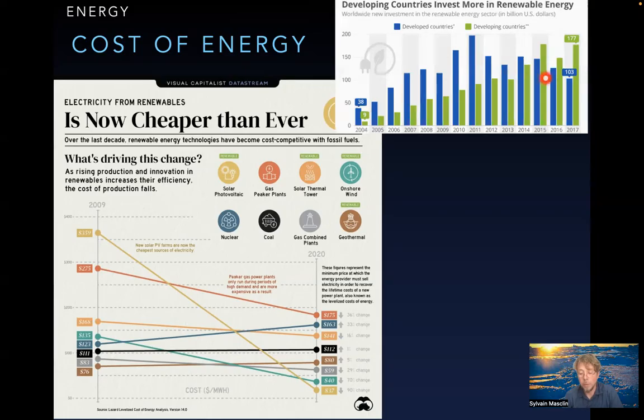And since then, over the last 10 years, we've seen a shift, with developing countries spending more money on renewable energy than developed countries. So this is not the way it should have been going, but it is kind of what's happening, which is good for those developing countries because they will probably be emitting less than what we did.